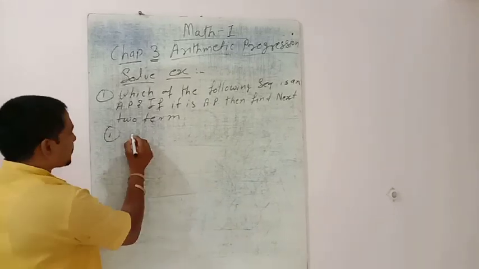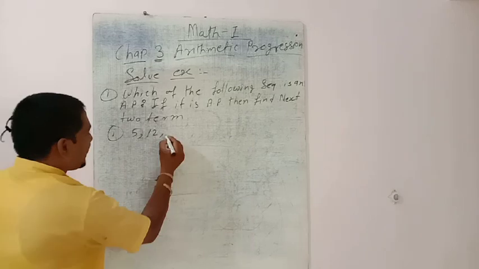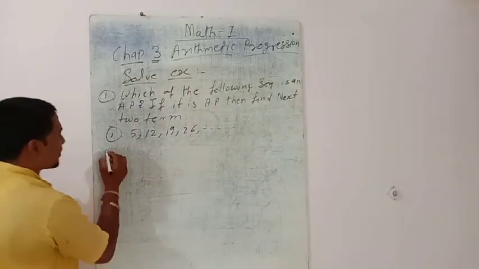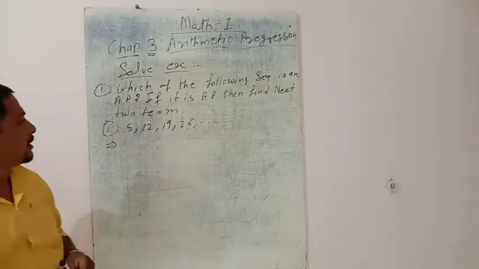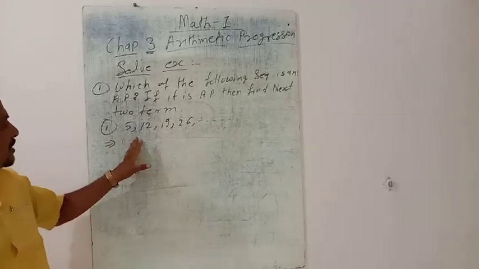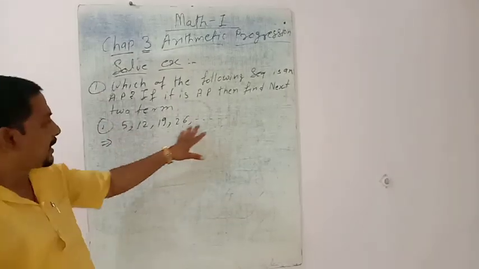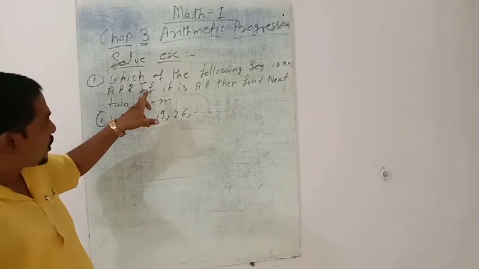Given a sequence 5, 12, 19, 26, and so on. This is a problem. In this problem, we are given the sequence 5, 12, 19, 26. What is the question?